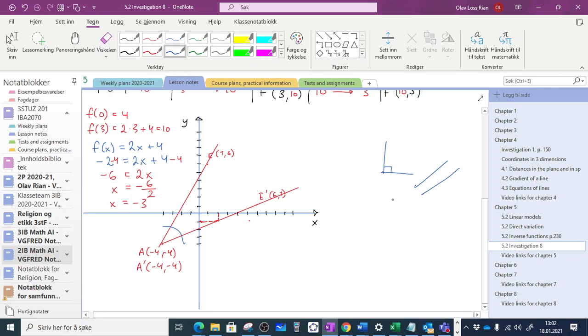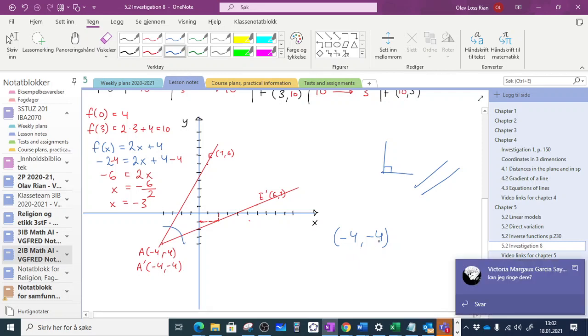So there's one point that lies on both graphs. What is it? Right, the point -4, -4. And what do you notice about the coordinates of this point? They are indeed the same.